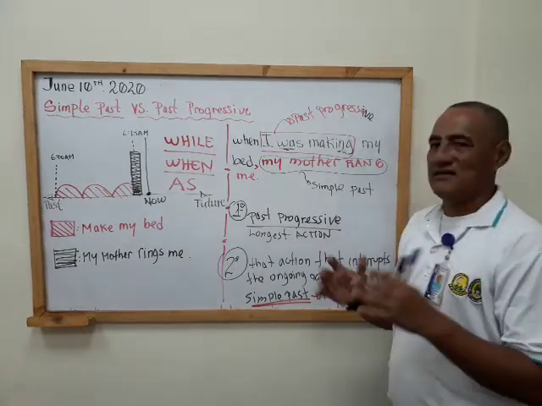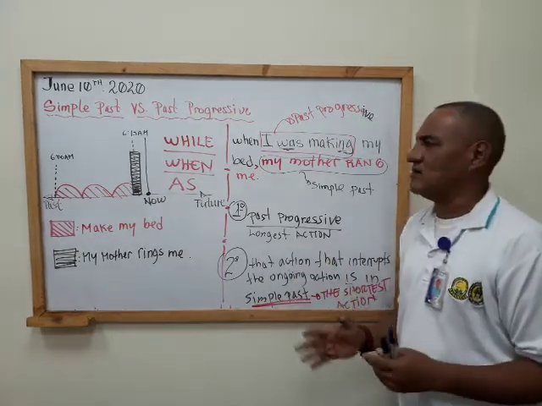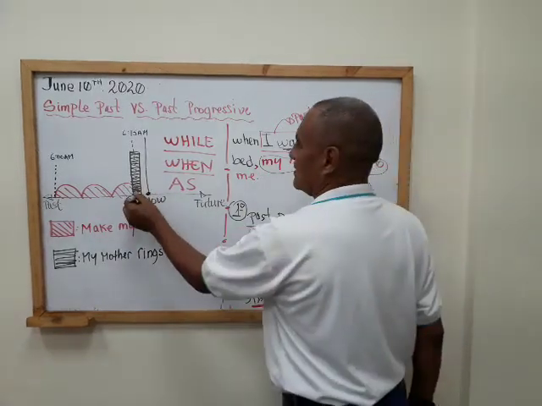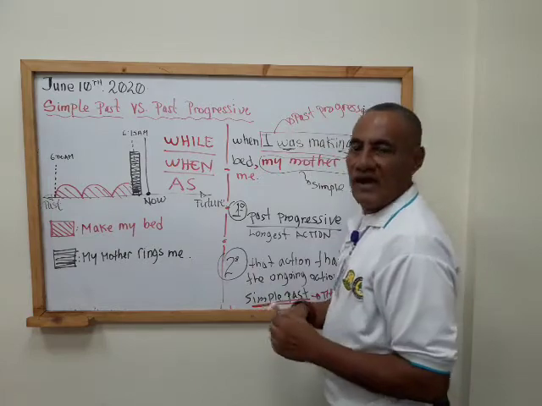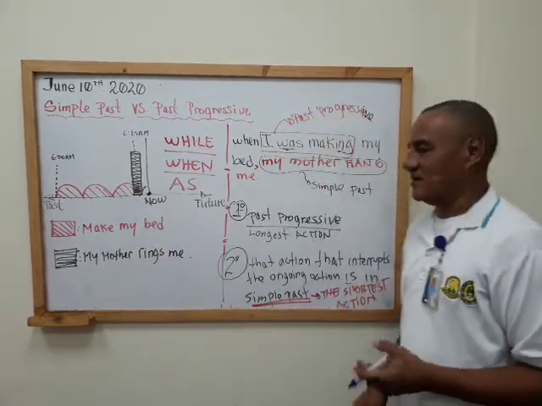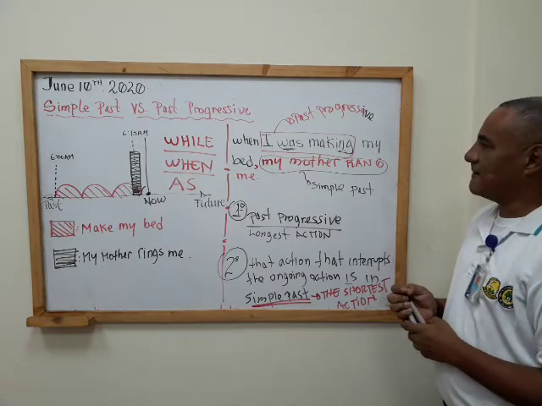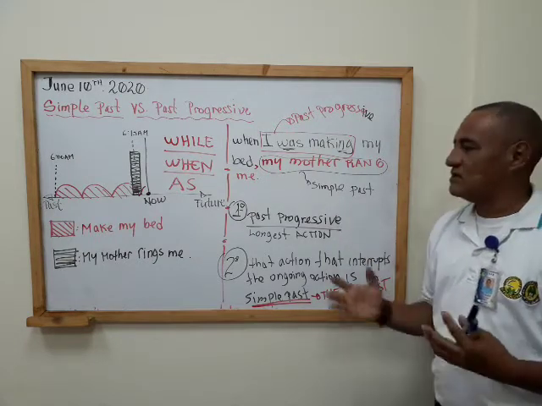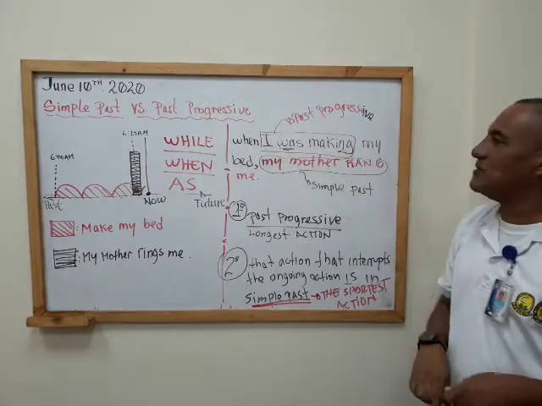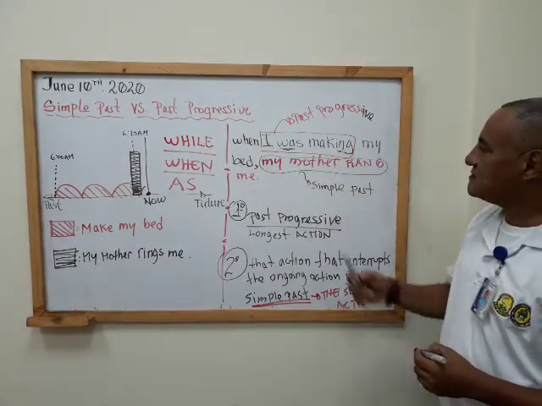Okay, it doesn't mean that it interrupts literally, no, because my mother called me and I could continue, yes, making my bed. Then that's the thing that you have to take into account. While is also possible, yes.